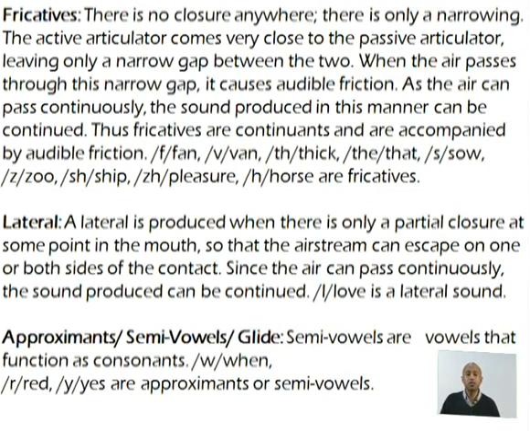Now, semi-vowels are vowels that function as consonants. How is that? W. Why is the written W an approximant or a semi-vowel? Because there is really no obstruction.